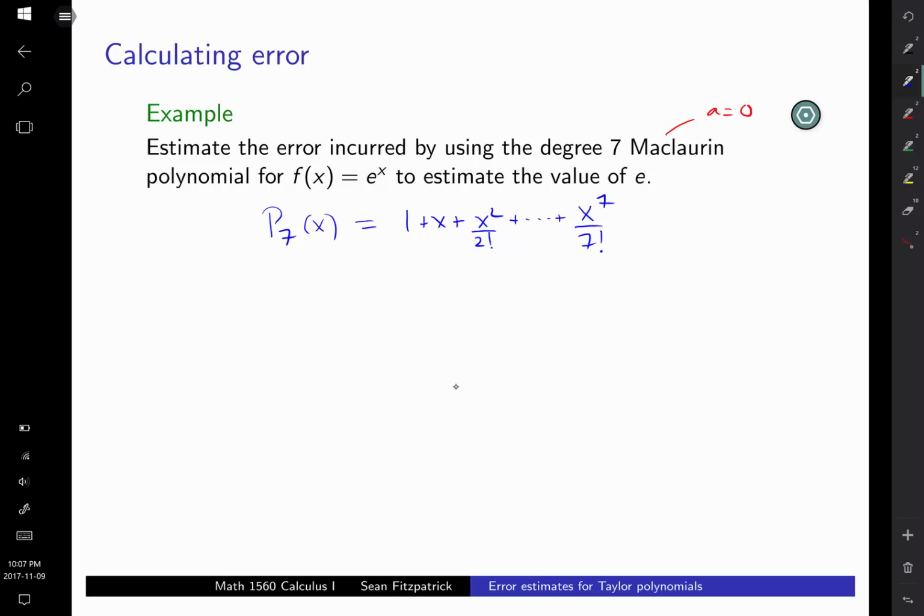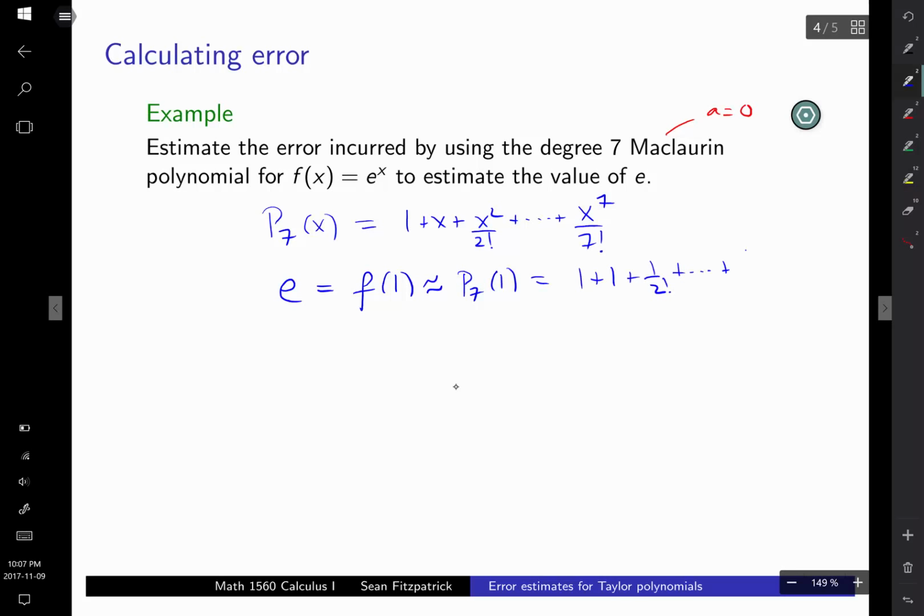And we want to know, well, what's the value of e? So what is e? e is f of 1, and we want to approximate this with p7 at 1. So that would be doing 1 plus 1 plus 1 half, and so on, up to 1 over 7 factorial.